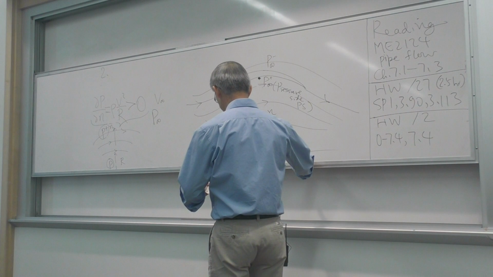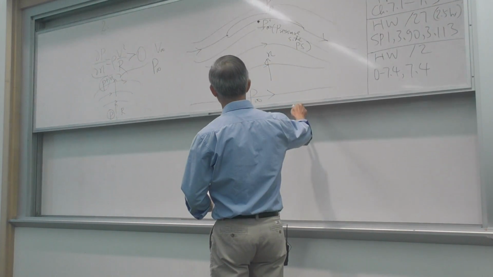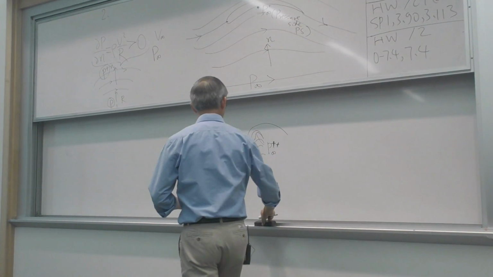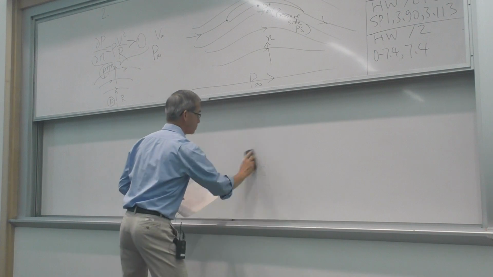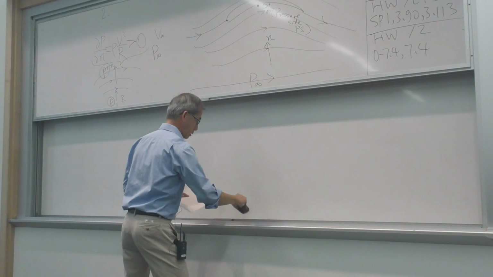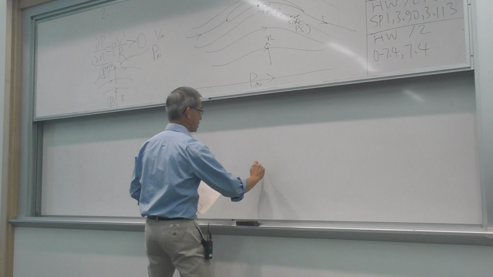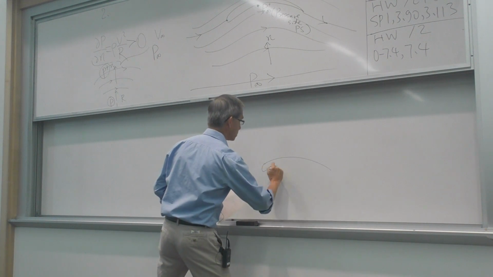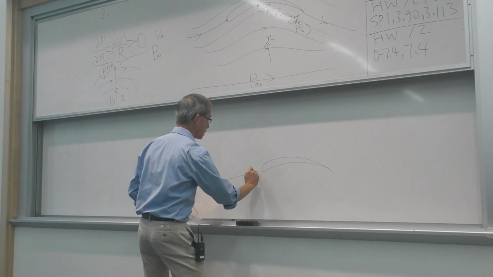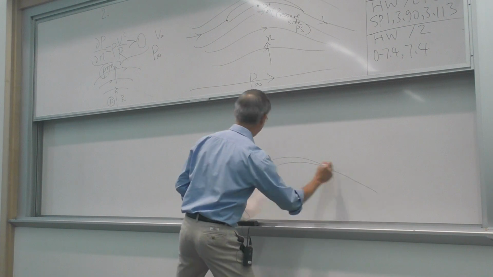So now, I could have done it on the same sketch, but maybe just to help you visualize, let me redo the same argument now on the upper surface, where I'm focusing on the streamline on the top.